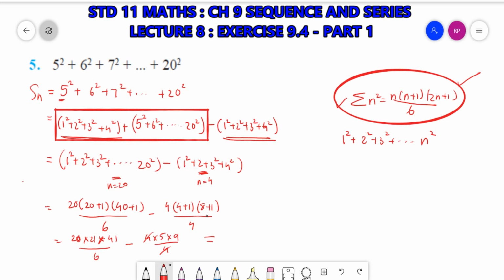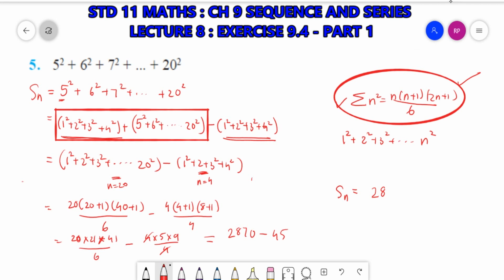2870 minus 9 into 5 is 45, right? So Sn will be equal to 2870 minus 45.